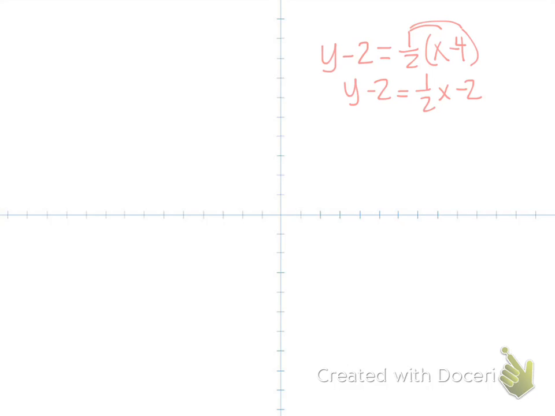Half of negative 4 is negative 2. Now to solve for y, we add 2 to both sides. So y equals 1/2 x plus 0. This one's going to start at 0 on my y-axis. And then for my slope, I rise 1 and run 2. So it's going to be right there. Or I could go down 1 and left 2. And we get our line here.